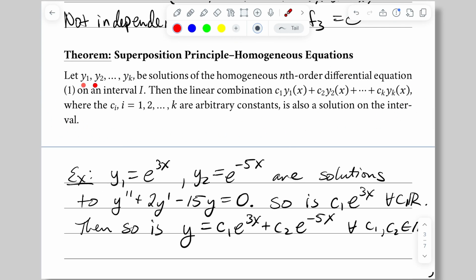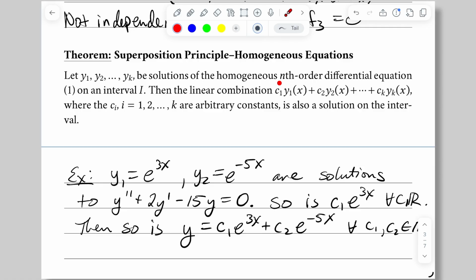If y1, y2 up to yk are solutions of an nth order differential equation on an interval, then the linear combination c1y1 plus c2y2 all the way to ckyk is also a solution on the interval. I want to point something out here. Part of what I want you to sensitize yourself to is paying attention to subscripts and other variables that are being presented.